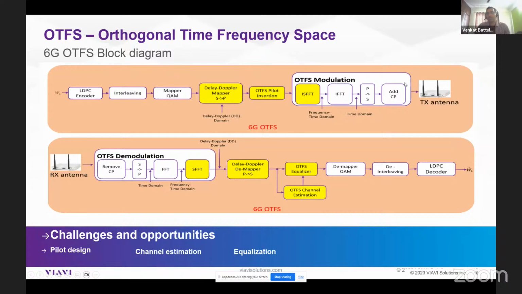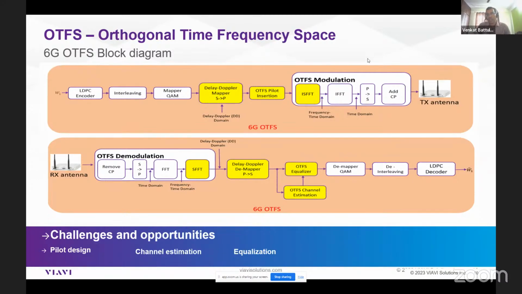You know all this, this is the OFDM part. OFDM is in the frequency-time domain where your processing is located, and you convert it into the time domain, add the cyclic prefix and transmit. That's the standard OFDM technology.